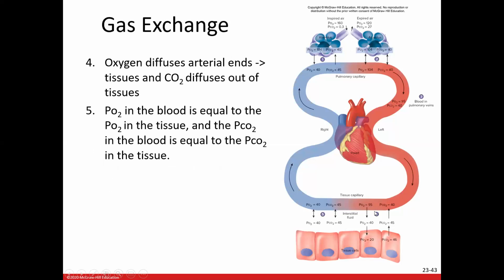So again, we're going to move from high partial pressure to low partial pressure. So oxygen will diffuse in. And then carbon dioxide is higher in the tissues than it is in the blood. So your carbon dioxide will diffuse from the tissues to the blood. Then once again, your partial pressure of oxygen and partial pressure of carbon dioxide will equal what's in the tissues, allowing it to continually move through the bloodstream and return to the heart to then ultimately get back to the alveoli.